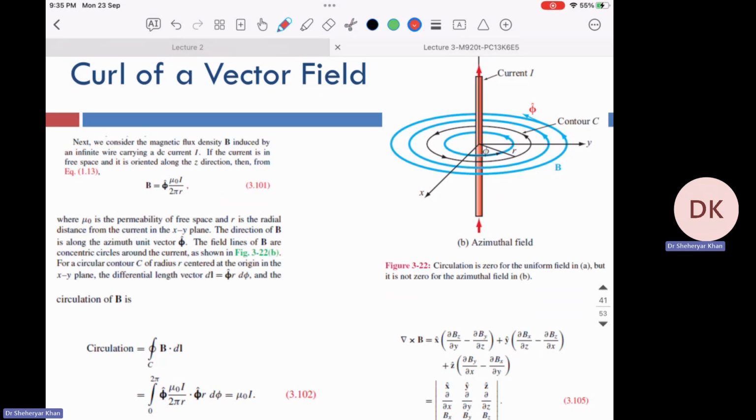Now I want to check this formula with this B. So B dot dL, what is B? Mu naught I over 2 pi r. Can you tell me what dL is?